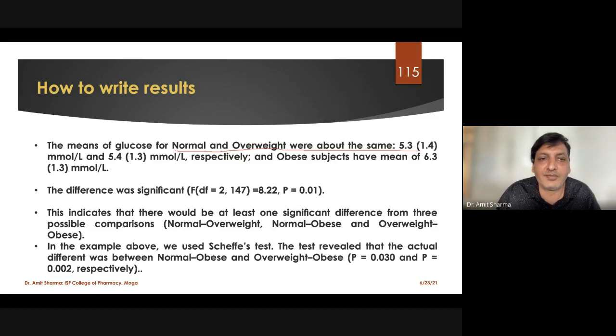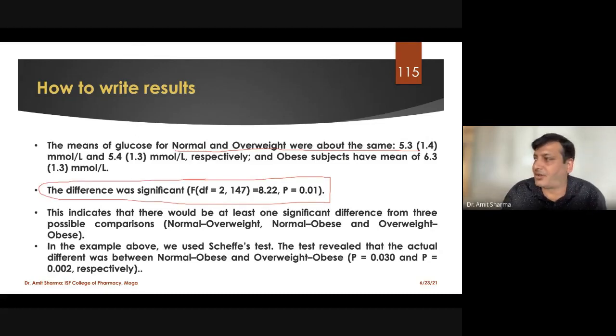So just use your personal touch, that is how you are going to make your results unique. But the writing style for a test will be similar. You cannot make any changes in this one. For example, you can write the difference was found significant, and this is the writing style of ANOVA.